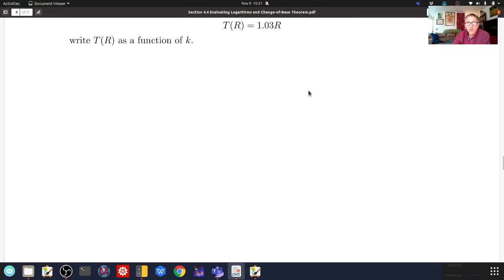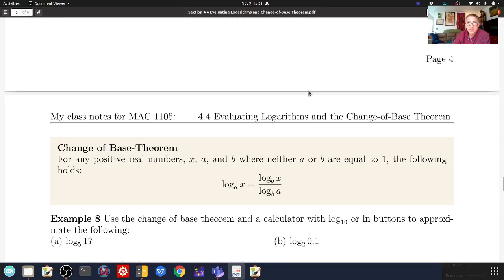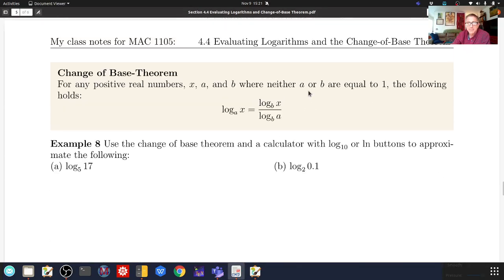So now let's go on to the change of base theorem. So we've been given the log to the base 10 and log to the base e. Suppose I want to know log to the base 2. That's really important in computer science. I need to know the calculation of something log to the base 2, or maybe log to the base 16, or maybe log to the base 32 in computer science. Well, guess what?